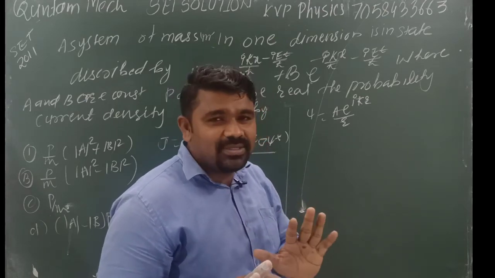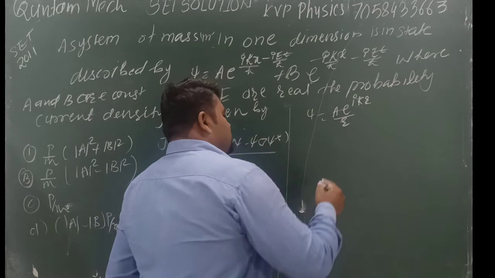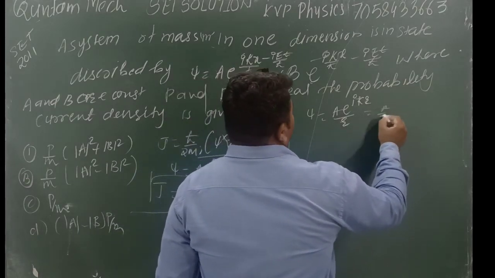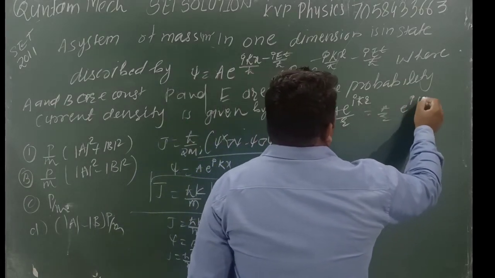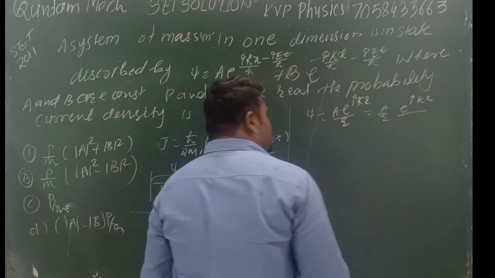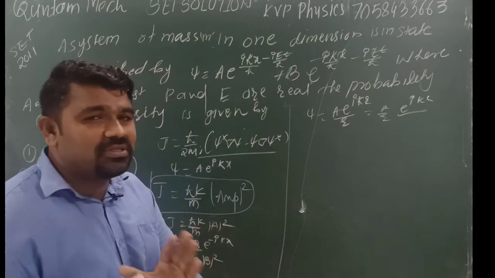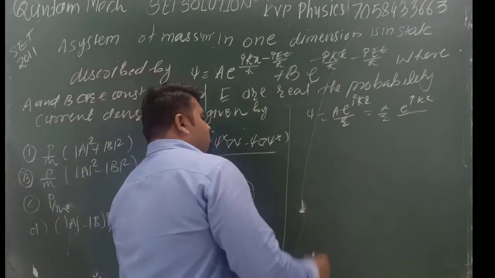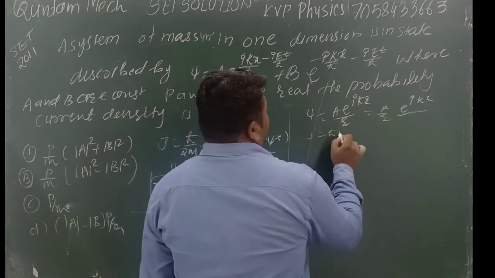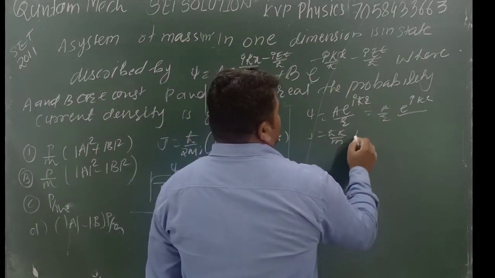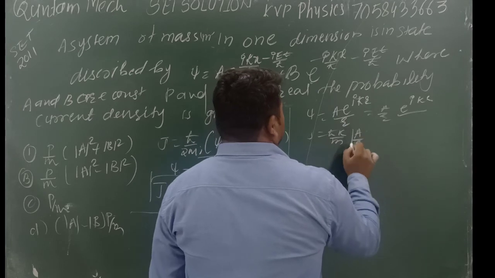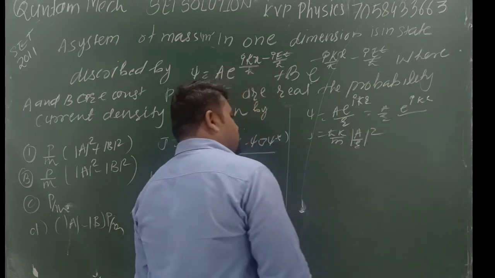Don't consider it a variable. Means in this case, write it as A upon r into e to the power i k r. Leaving e to the power i k r aside, whatever remains, consider that as a constant. J is equal to h cross k upon m into mod A upon r. That's it. This one is the answer.